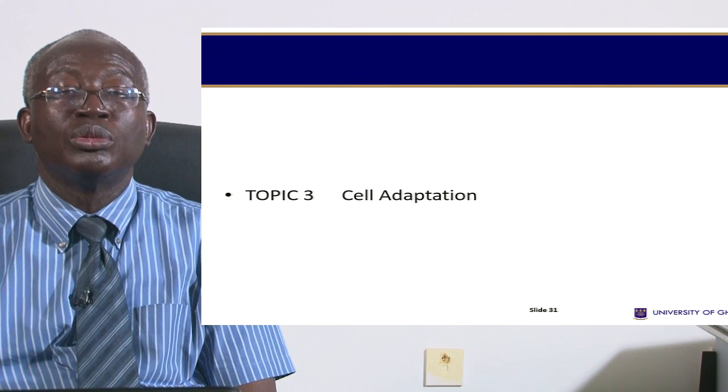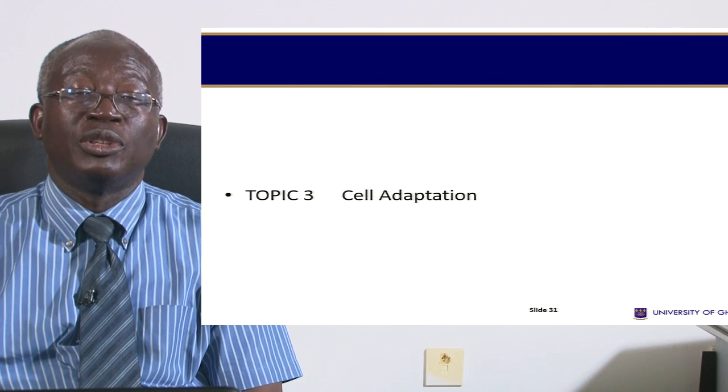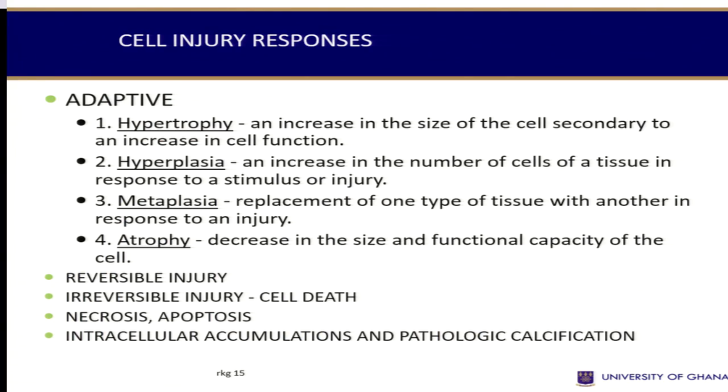Now let's move on to cell adaptation. These are changes that occur in the cell when the injury allows it to adapt to a different state. And the various forms of adaptation are hypertrophy. This is the increase in the size of the cell due to an increase in its cell function.